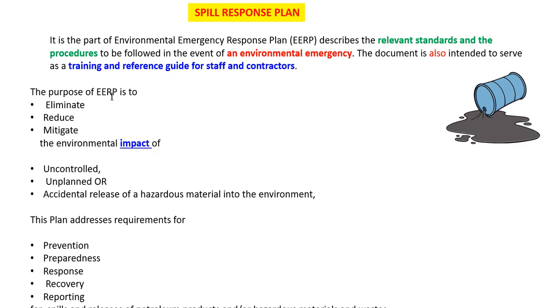The purpose of this EERP is to eliminate or reduce the environmental impacts of an uncontrolled, unplanned, or accidental release of a hazardous material into the environment. This slide also tells us prevention, preparedness, response, recovery, and reporting.